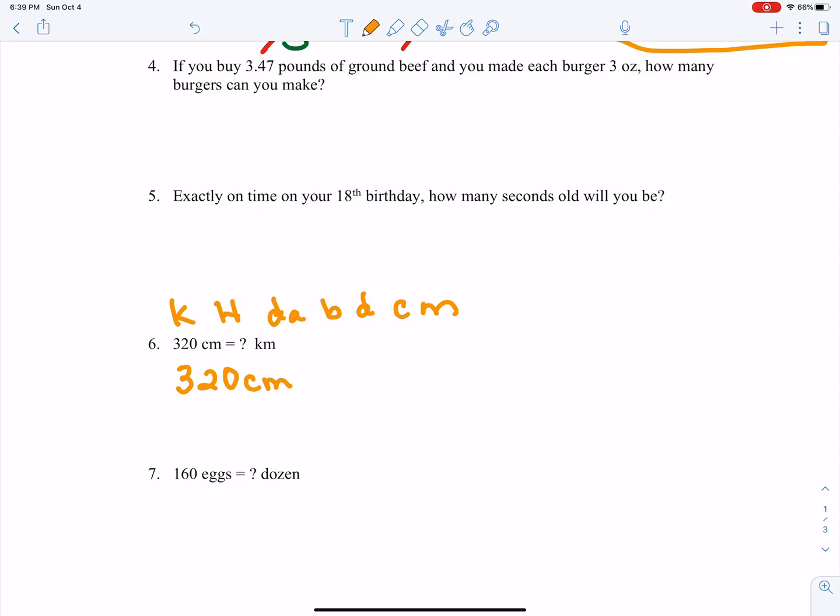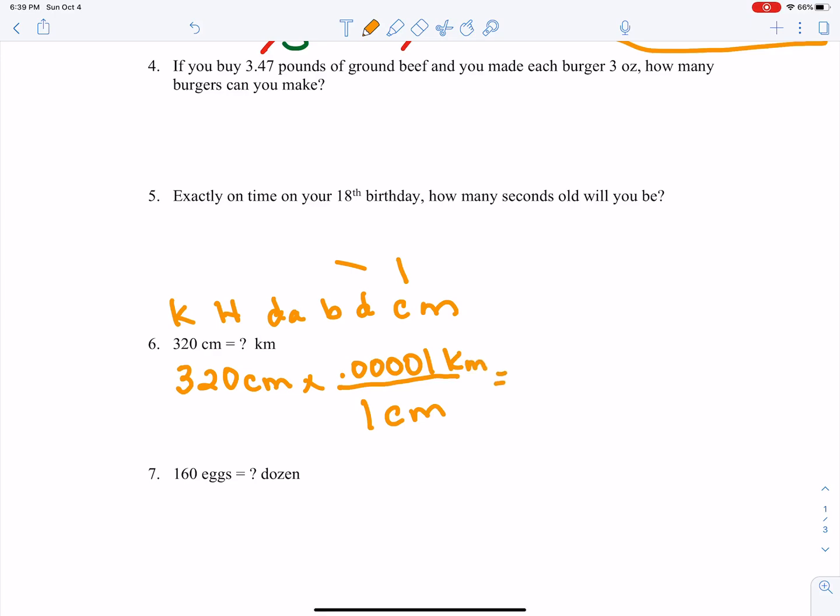We're in a centimeter and we need to go to a kilometer. So we could do this in one step. If I have 1 centimeter, I need to move my decimal 1, 2, 3, 4, 5 places to the left. So it'd be 0.00001 kilometers.